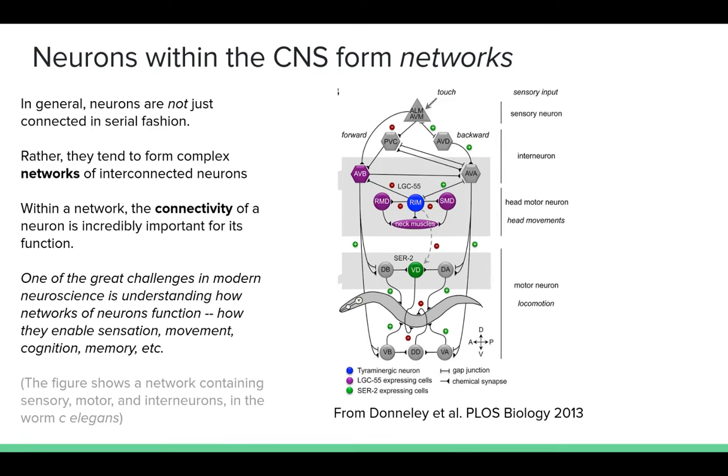So I just want to emphasize here that most of the neurons in the brain aren't sensory and they aren't motor neurons, they're interneurons, and interneurons form these very complex neuronal networks.